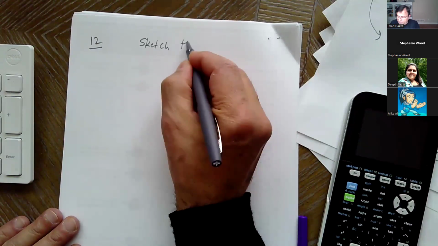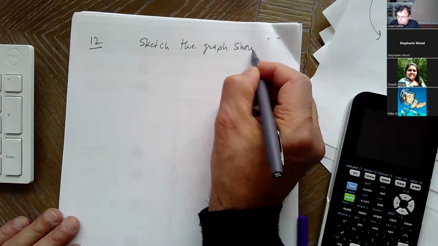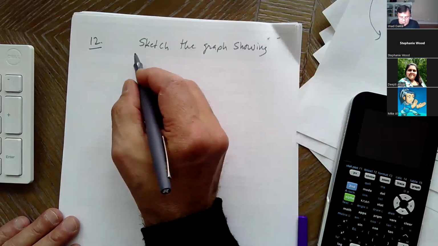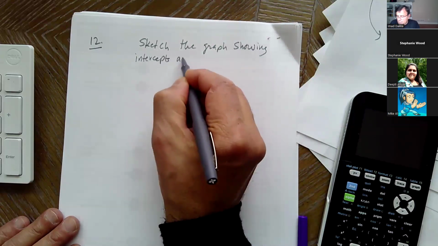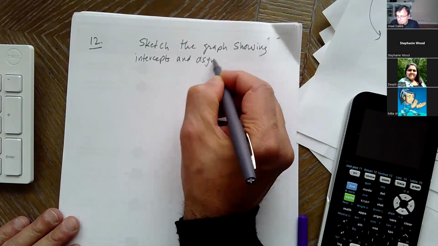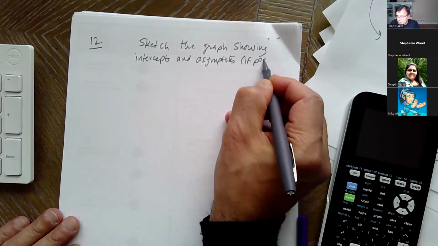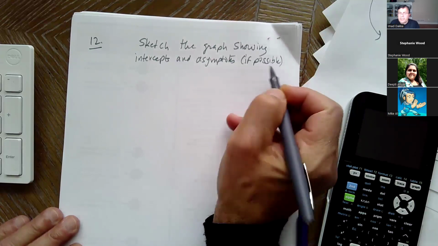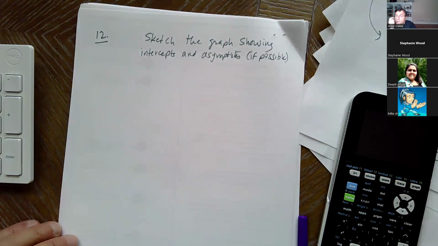Sketch the graph showing intercepts and asymptotes if possible.